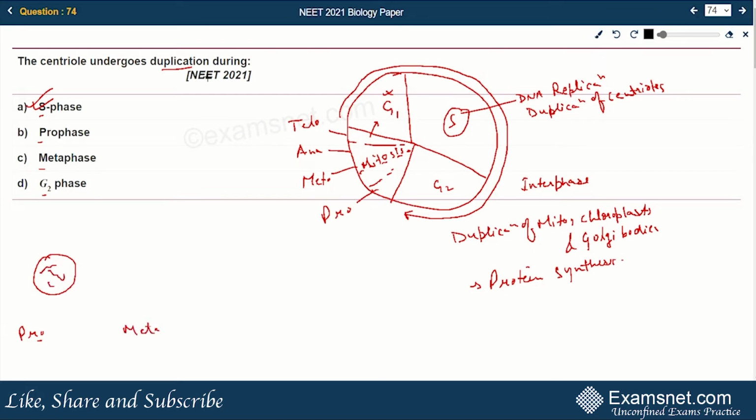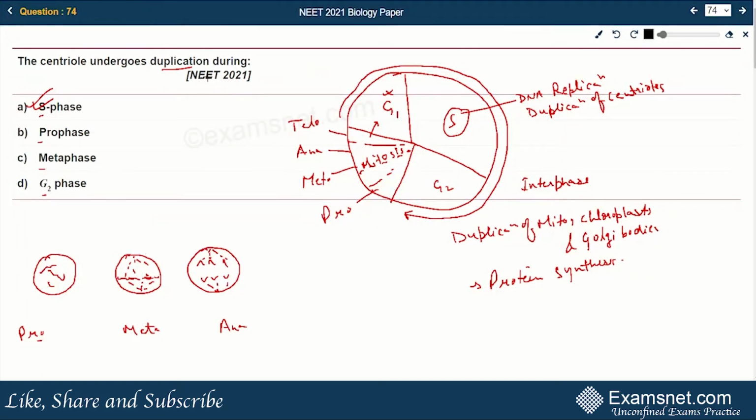During the metaphase, what happens? The chromosomes align themselves at the equator, okay? And these are attached with the spindle fibers on both the poles, right? What happens during anaphase? Here the centromeres split and the chromatids separate. Okay. At the same time, chromatids start moving to the opposite poles with the help of spindle fibers.